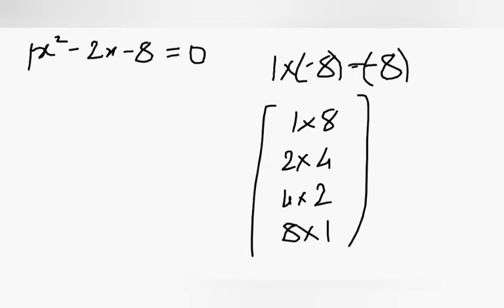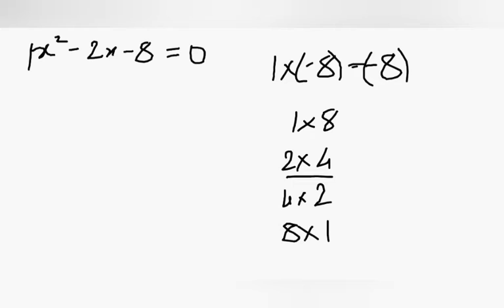Now the next thing we do is we find a pair which when added or subtracted gives the value equal to the middle term, which is the coefficient of x. Now how do we do that? If 8 and 1 are added or subtracted, it never gives 2 or minus 2 for that case.